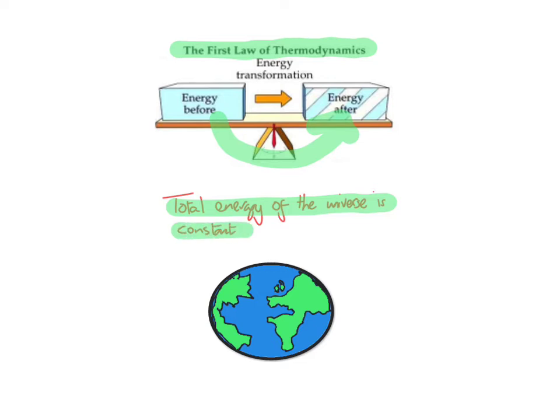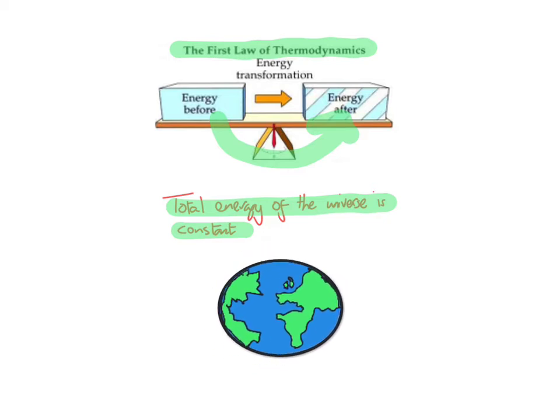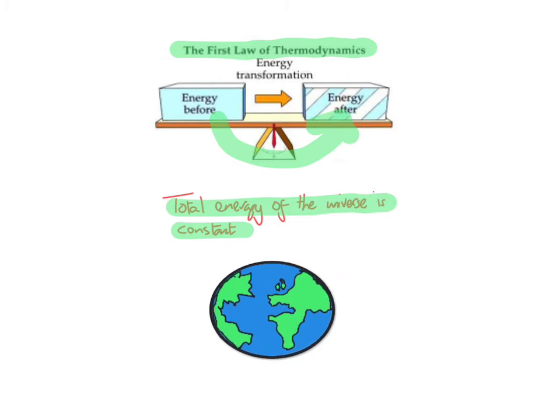Now, energy, of course, hopefully you know, can transform from one form to another, but the total energy is constant. Now, if we look at our example here of our Earth, we're not actually looking at the universe here, rather just our little tiny, teeny portion of the universe that we call Earth.